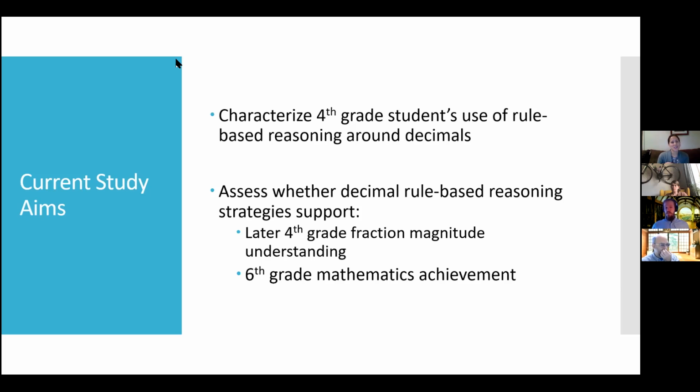This speaks to the order of when we teach fractions versus decimals, because currently fractions are taught first, but potentially learning decimals might support fraction learning. So, foreshadowing some things, I suppose. And then we look at whether that rule-based reasoning is predictive of later math achievement.